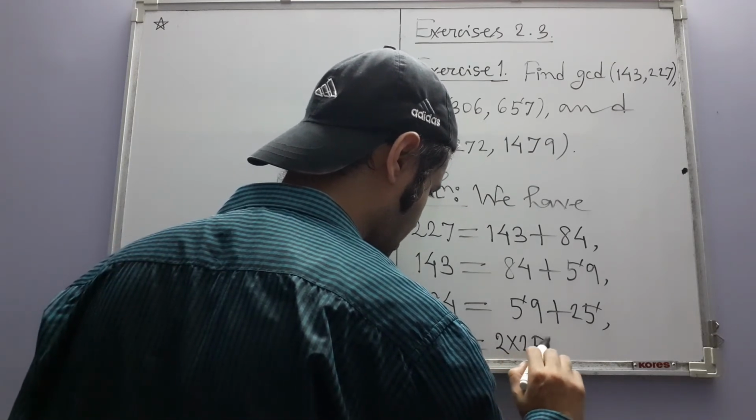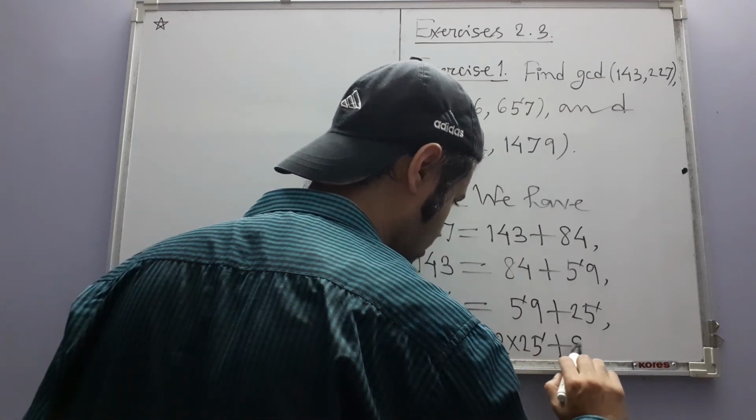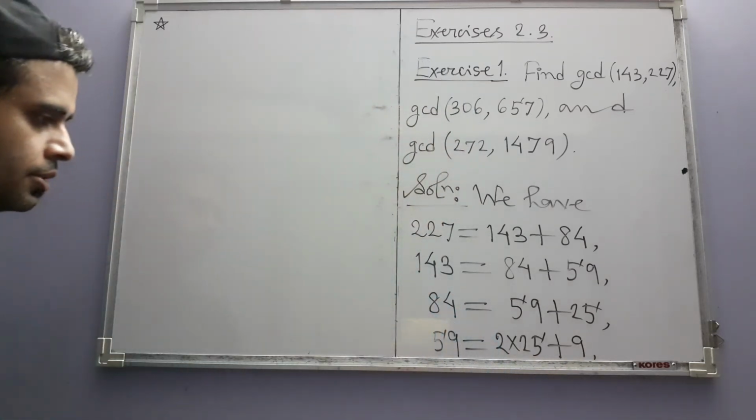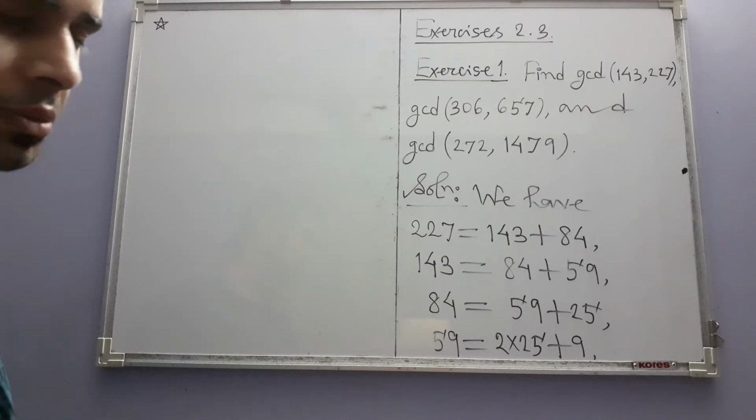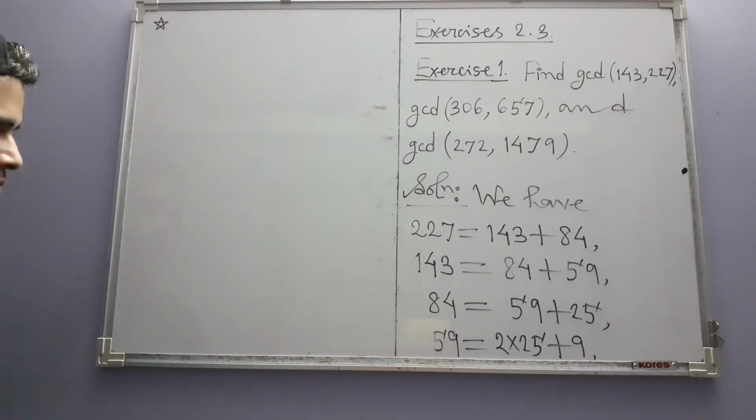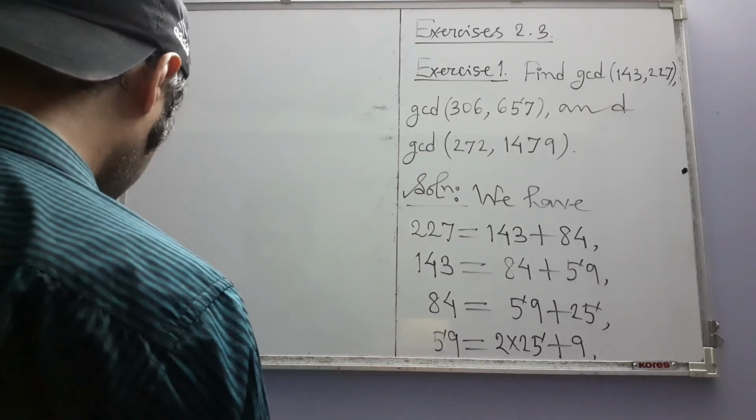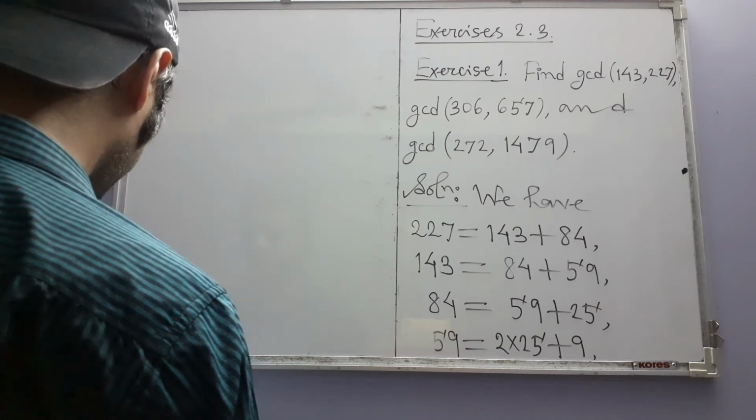This at least we can see what it will be. 2 times 25 is 50. 50 plus 9 is 59. 9 is of course less than 25 and it's a positive integer also.